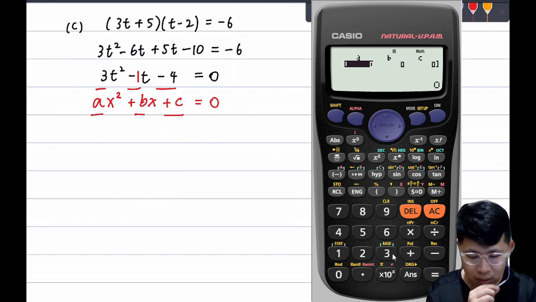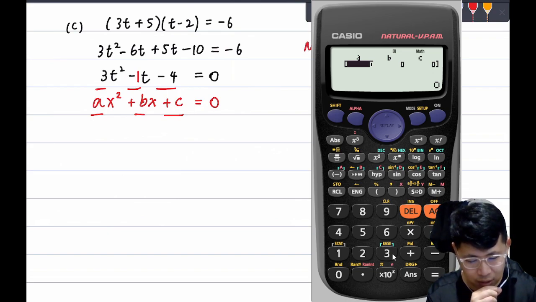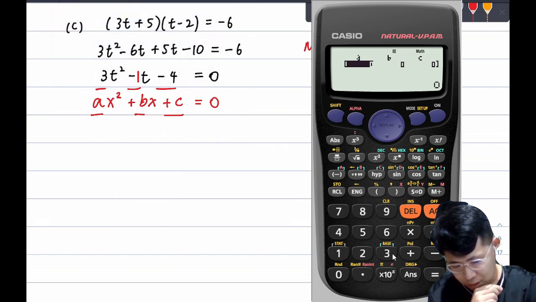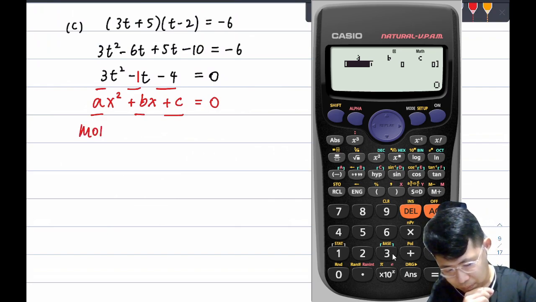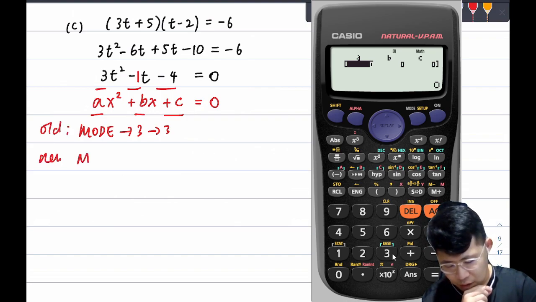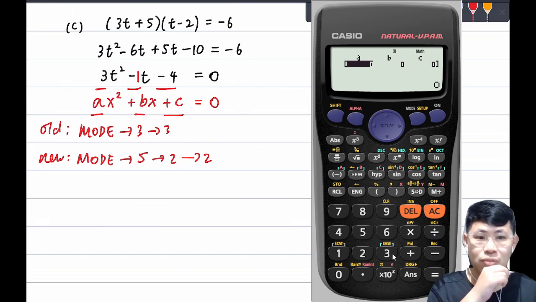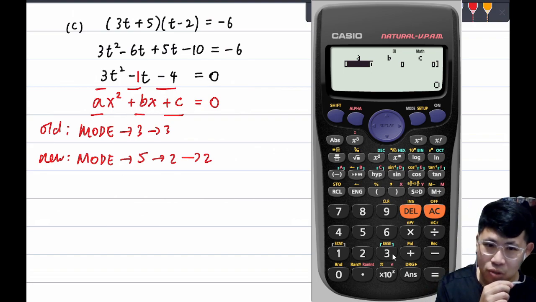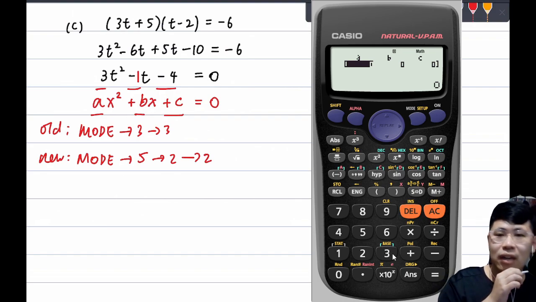So for the old calculator, we'll be using mode 3. For the new calculator, you can find this in mode 522. So once again, old calculator is mode 3, new calculator is mode 522.